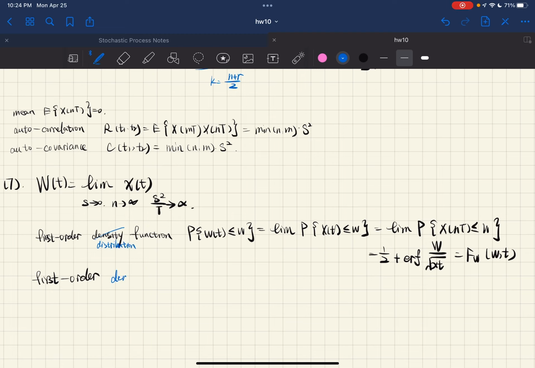The density function is just the derivative of the distribution function. So we just take the derivative of the above formula, and we get this formula.